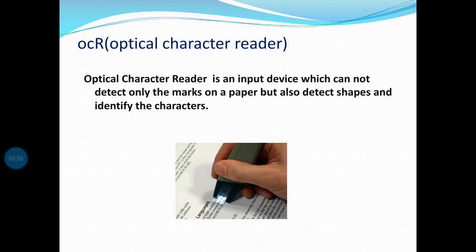Next, optical character reader. Optical character reader is an input device which is similar to OMR, but it can detect not only the marks on a paper but also shapes and identify the characters.